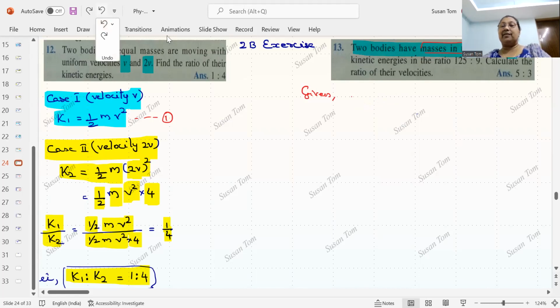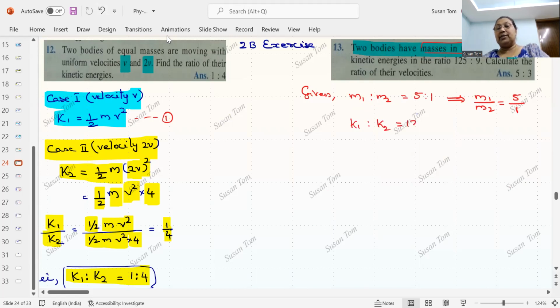So what is given exactly? m1 ratio m2 is equal to 5 ratio 1, which means m1 by m2 is equal to 5 by 1. Also, it's given k1 ratio k2 is equal to 125 ratio 9, which means k1 by k2 is equal to 125 by 9. Okay, these are the values given. Calculate the ratio of their velocities.